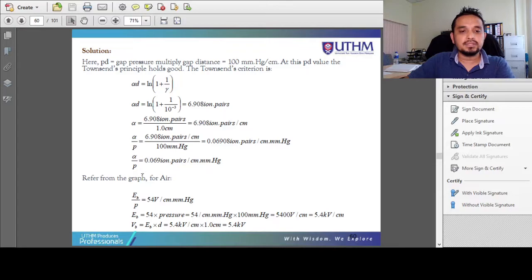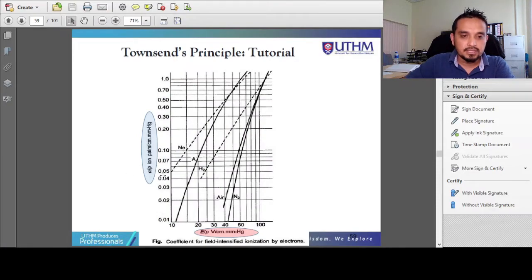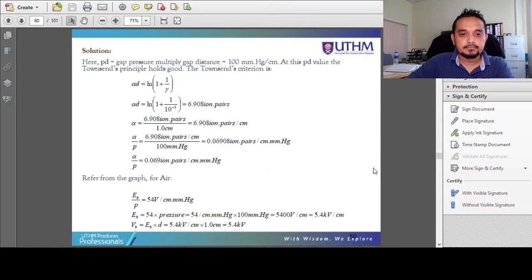The only reason to obtain this value is purely because of this plot. The plot given to us is actually alpha over pressure. That is why we rearrange this formula to obtain alpha over pressure, so that we can locate the point that is 0.069.